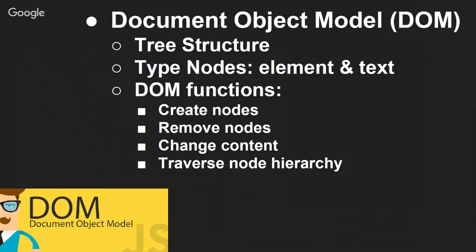This will be really used on Android, and the DOM has a tree structure that has two types of nodes, the element node and the text node. The DOM has some functions to create nodes, remove nodes, change the content of the nodes, and traverse nodes between the hierarchy.